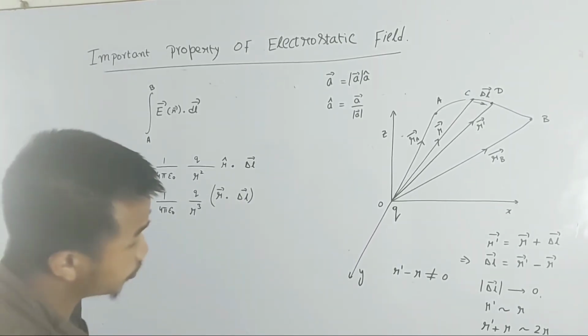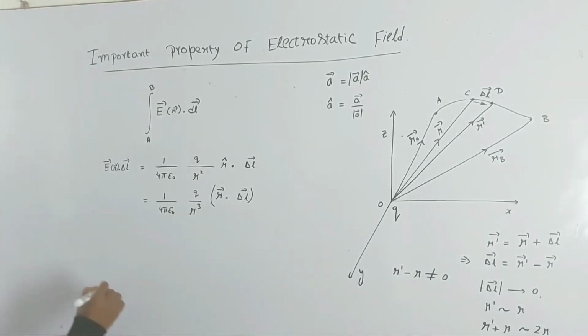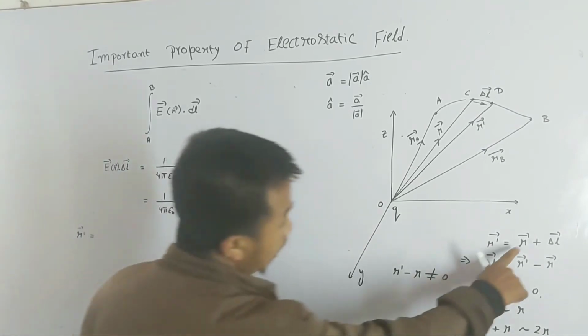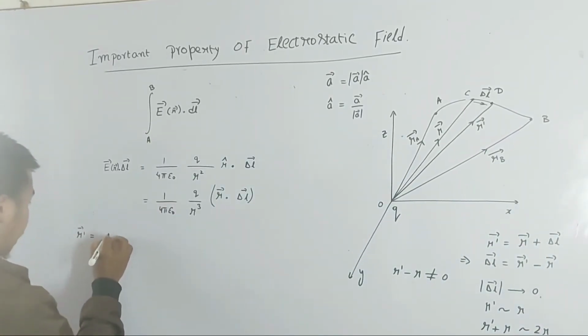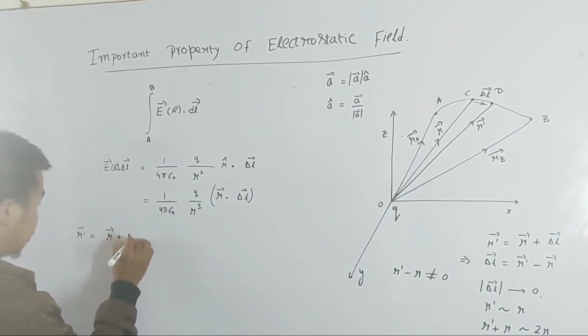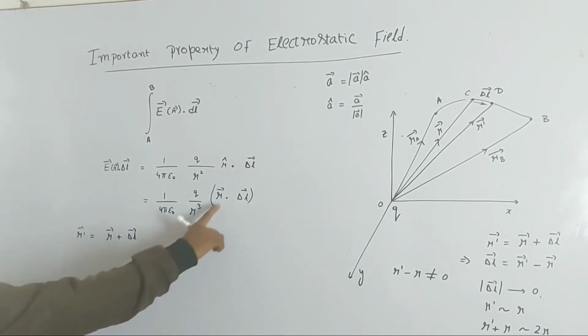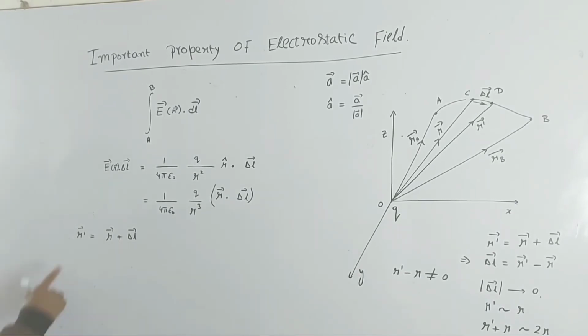Now, what is R dash? R dash is nothing but R plus delta L. So I want the dot product R dot delta L. So let us take the dot product between R dash and R dash vector, so R dash dot R dash vector itself.